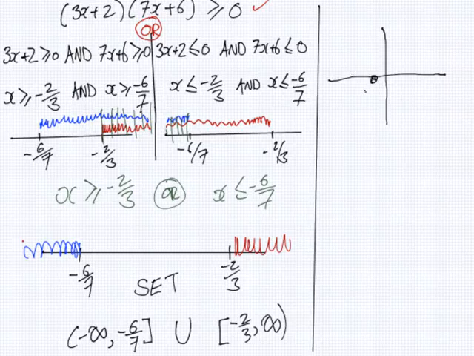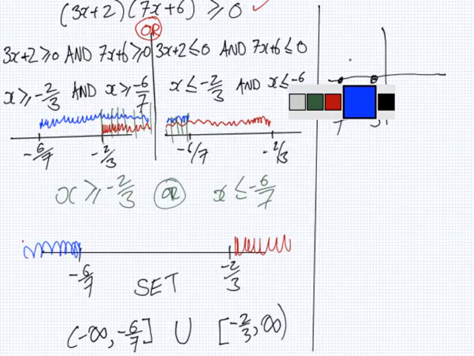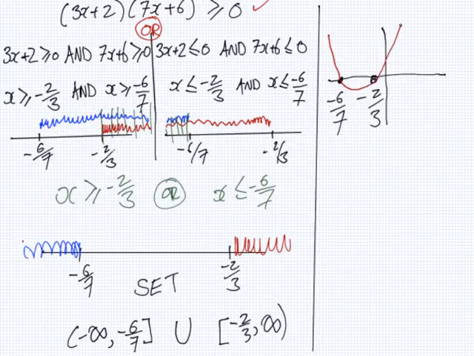The easy way is you solve your quadratic and put your roots on the number line. So here is minus 2 over 3 and here is minus 6 over 7. You draw the quadratic, and if you have positive, you look at the piece which is above the x-axis, and if you have negative, you look at the piece which is below. So am I looking above or below? Above.